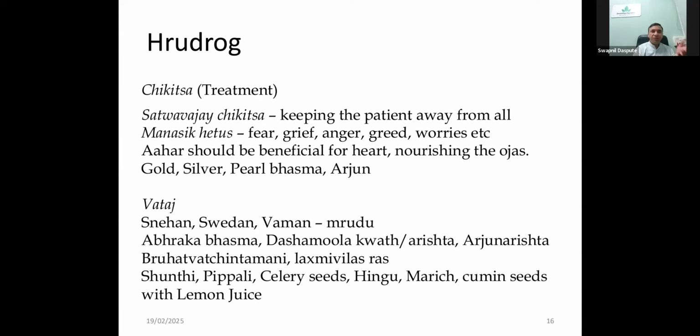These are preparations which have gold bhasma in them. Even the other mineral and metal bhasmas are also there, which are good to give strength to the heart and improve the functioning of the heart. So you will find various ones.